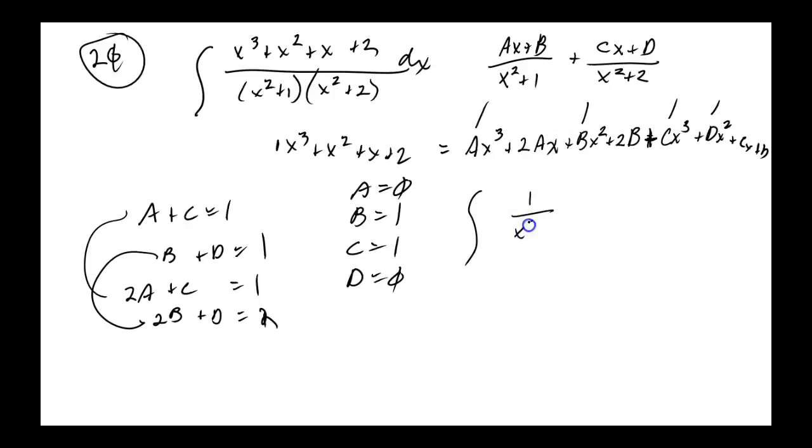So now we can write our new integral, an indefinite integral, as the integral of 1 over x squared plus 1, plus x over x squared plus 2, dx. Now, this is an arctangent, the first one.